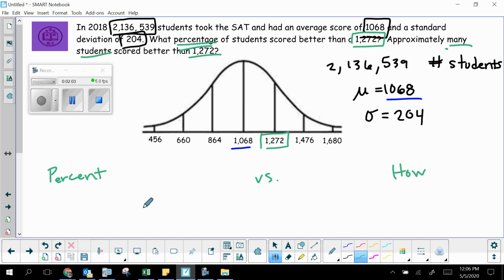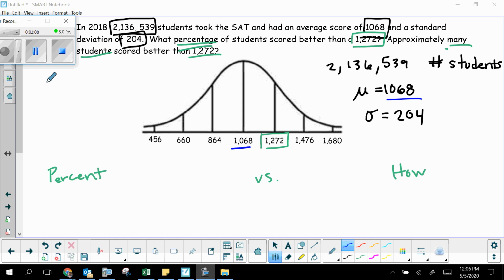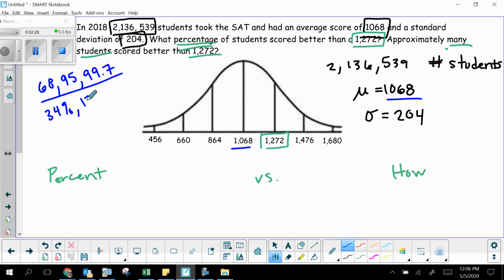Now, to start filling this out, remember our empirical rule. It said that 68% of the data falls within one standard deviation, 95% within two standard deviations, and 99.7% within three standard deviations. Those values could be broken down into the individual sections of 34%, 13.5%, 2.35%, and 0.15%.